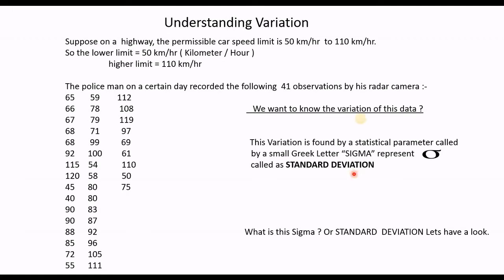So if I want to know the variation of these car speeds recorded by the policeman, I have a statistical tool called standard deviation that will help me to report the variation quantitatively, and it is called sigma, denoted by this letter. Now what is sigma or standard deviation? Let's have a look at how to calculate this standard deviation.